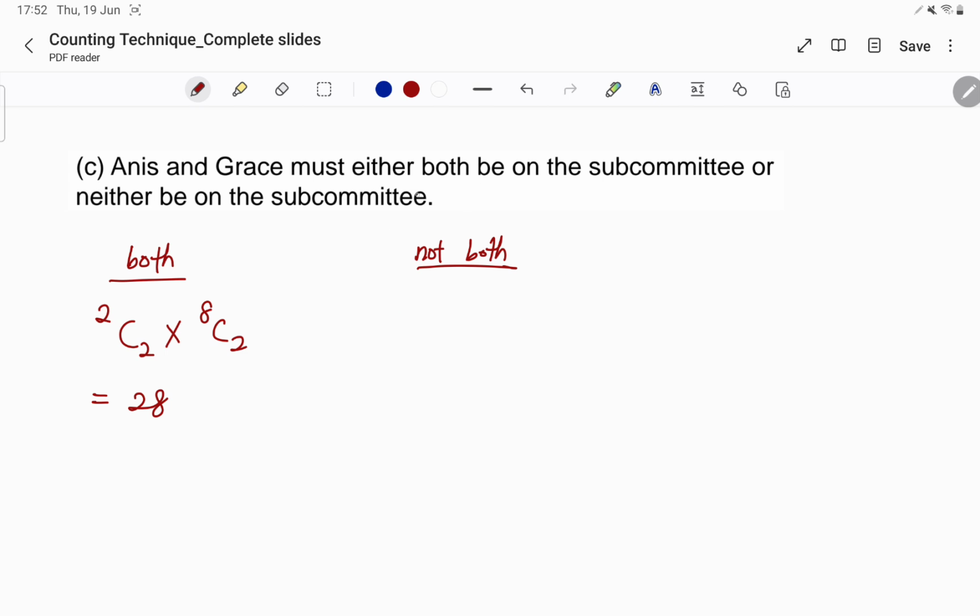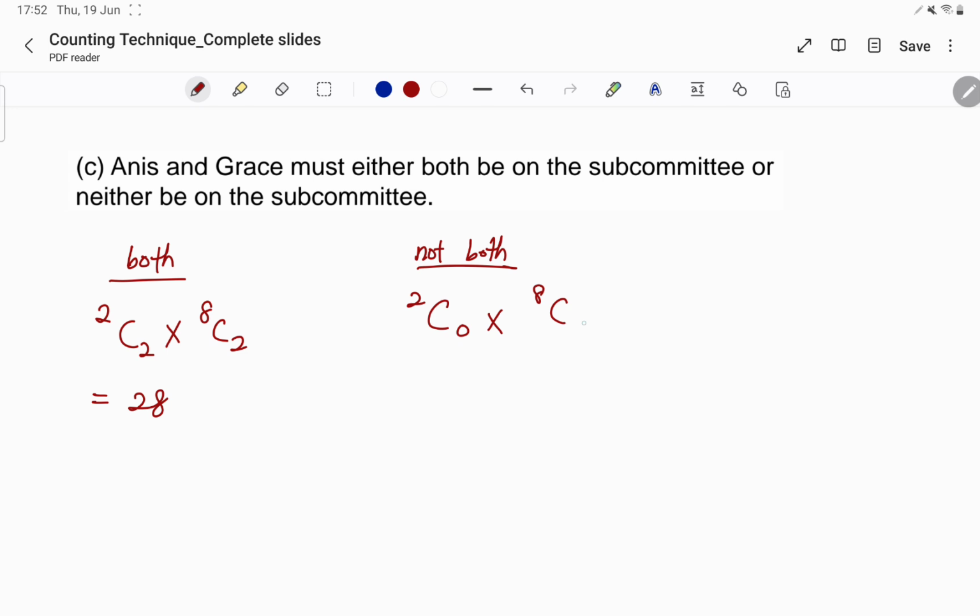Now, what about the condition of neither? Anis and Grace are 2, and we cannot choose both of them, so it is 0. Since we cannot choose Anis and Grace, the remaining that we have is 8, and from this 8 we must choose 4.